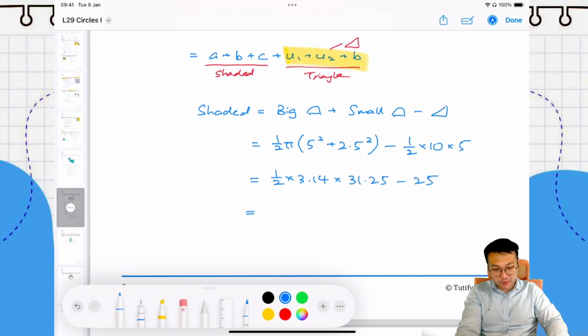Let's work in terms of one decimal place, okay? 49.1. Yeah, actually it's 49.06 minus 25. So when we minus the 25, we get 24.06, which is actually, if we simplify it, 24.1 cm squared.